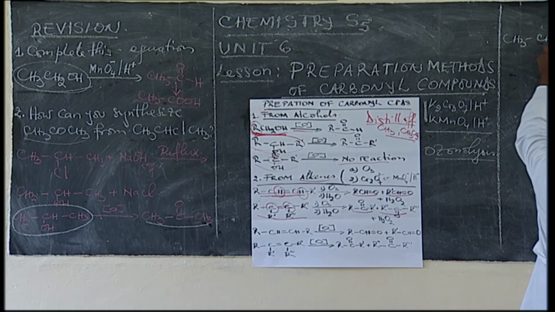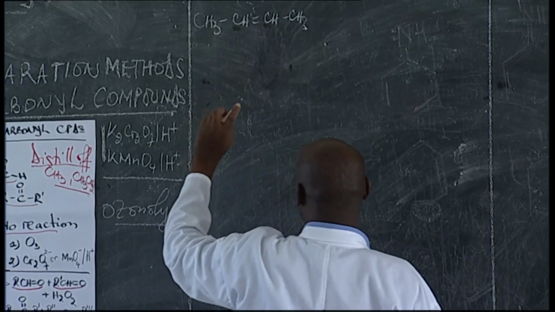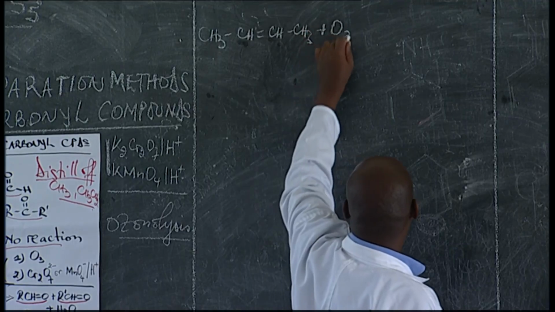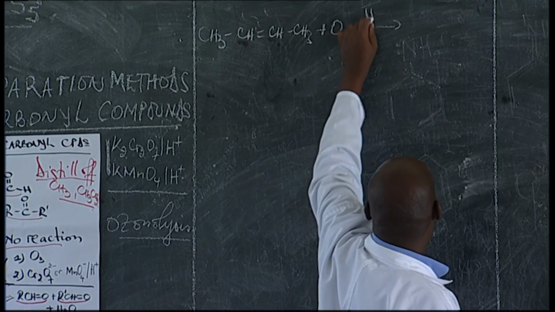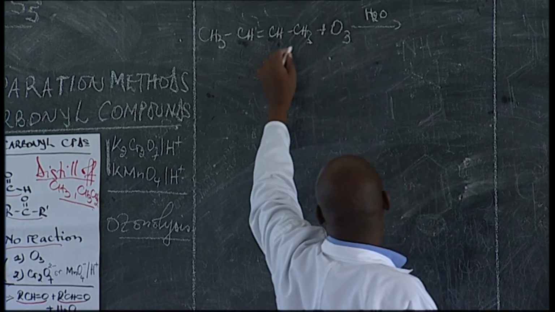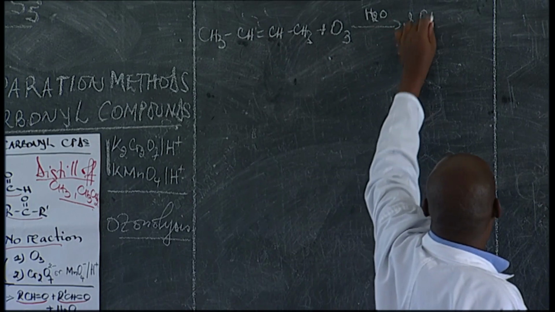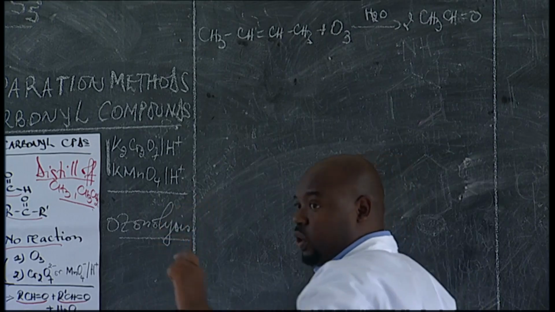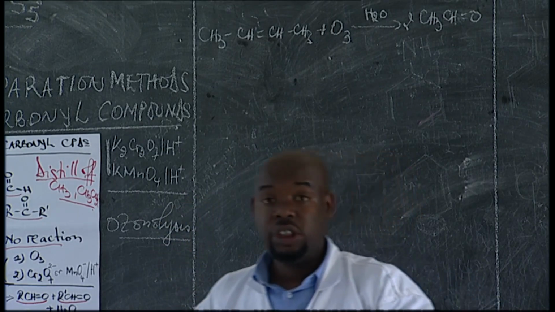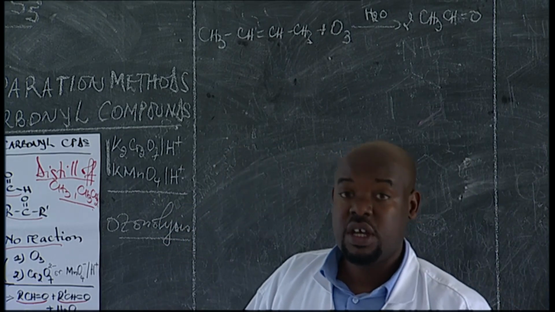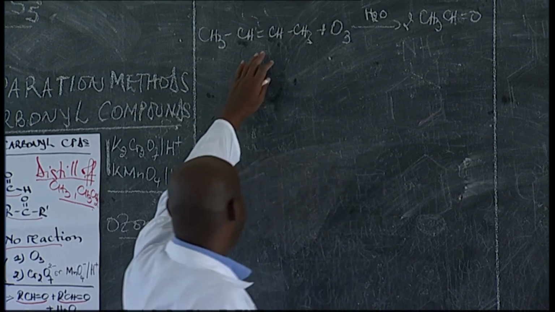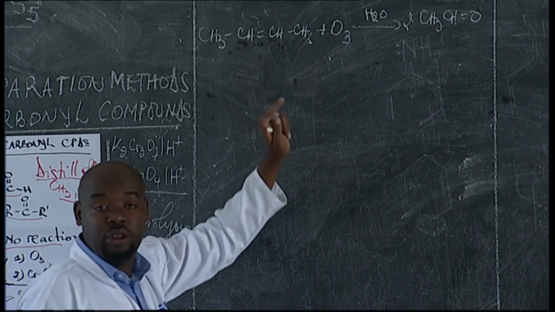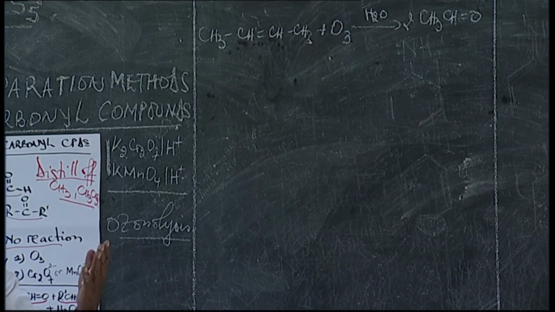The 2 carbon atoms of our alkene are hydrogenated. So if we use O3, that is ozone, in the presence of water, we produce 2 moles of CH3CHO, ethanal. Why are we producing 2 moles and not 2 different substances? It is because we have a symmetrical alkene. You can see the 2 parts on both sides of the double bond are similar.